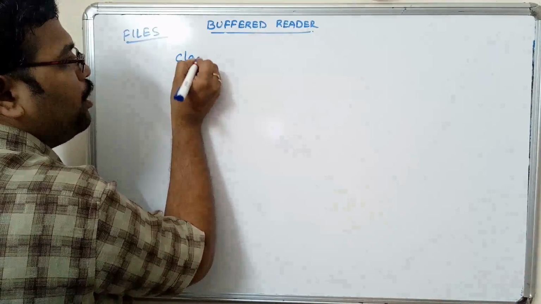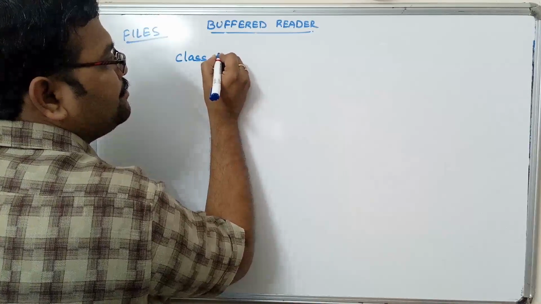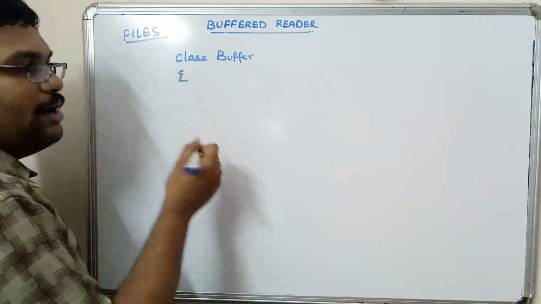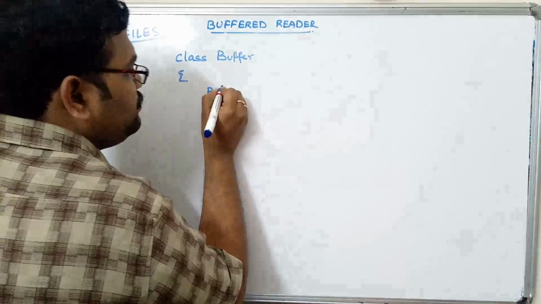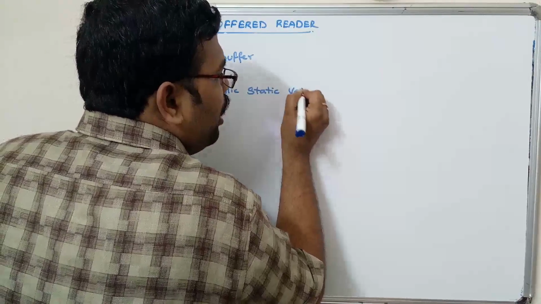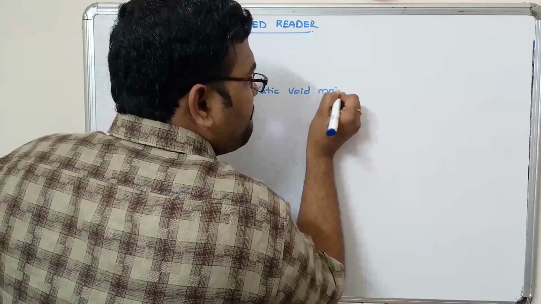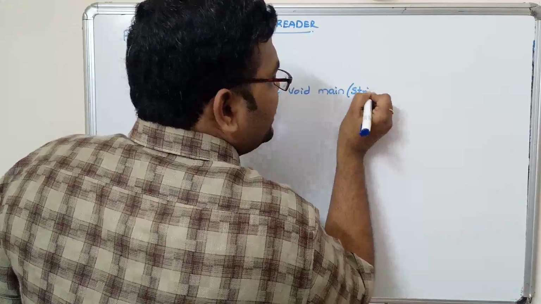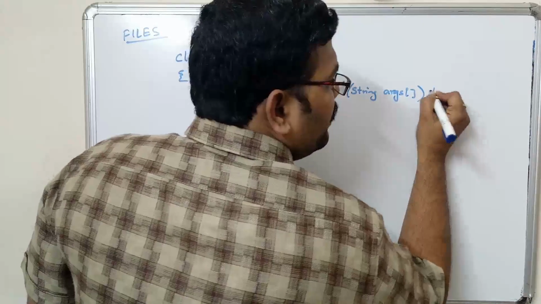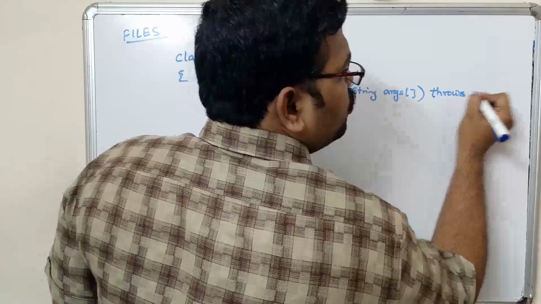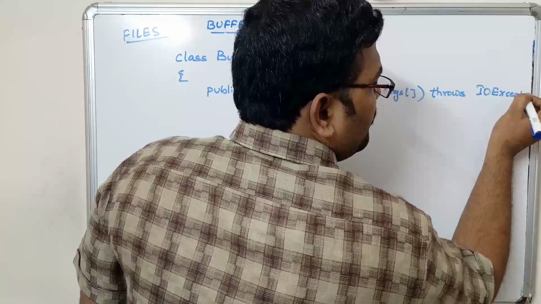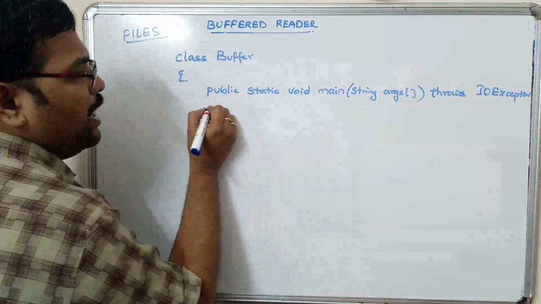So let us write a small program, class Buffer. Inside the class I have to write the main function. So public static void main(String args[]). Here we have to throw an exception. Throws IOException.